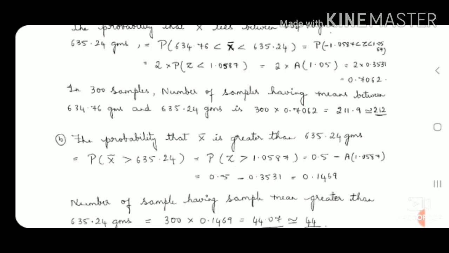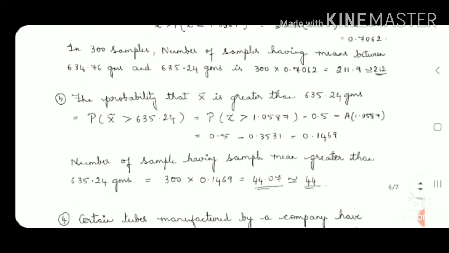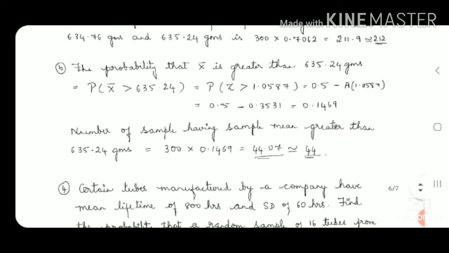Using the normal distribution table, the probability that a sample has a mean greater than 635.24 is 0.1469. Now, to get the number of samples having mean greater than 635.24 grams, we multiply the probability by 300, and we get 44.